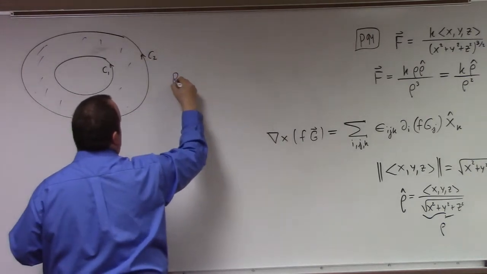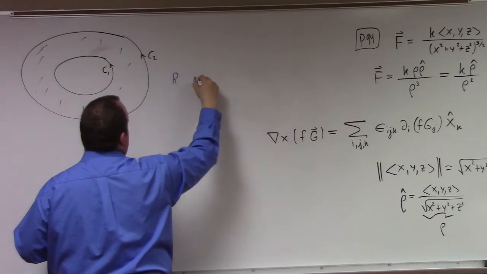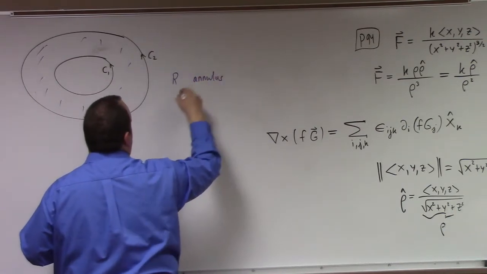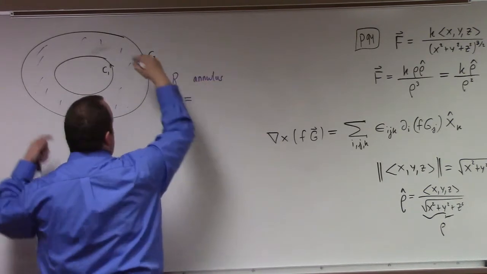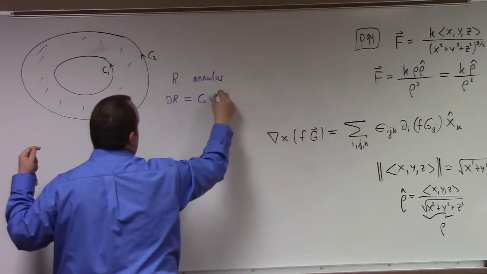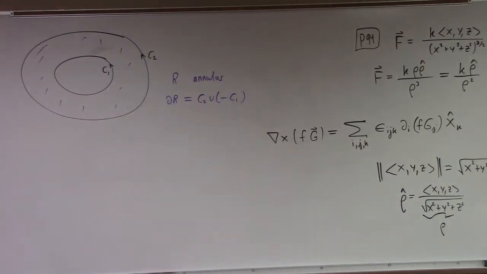So this R is an annulus, right? And the boundary of R is what? Boundary of R by definition is, okay, the outside's good, but the inside I have to disorient to be consistent with the orientation of R.